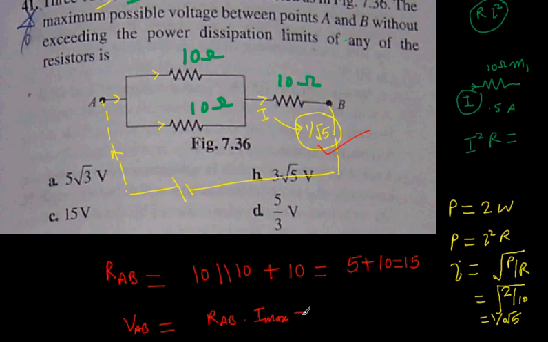You put it here. This is 15 into 1 by root 5. Okay, this will be equal to 3 root 5, and this answer is correct.